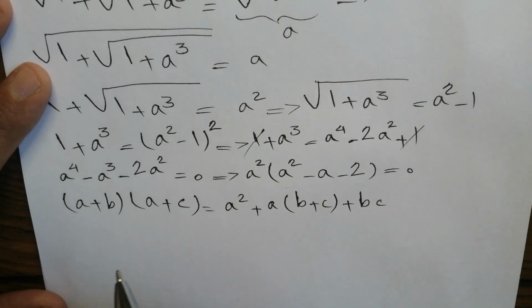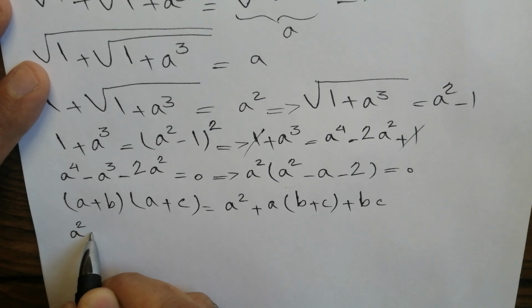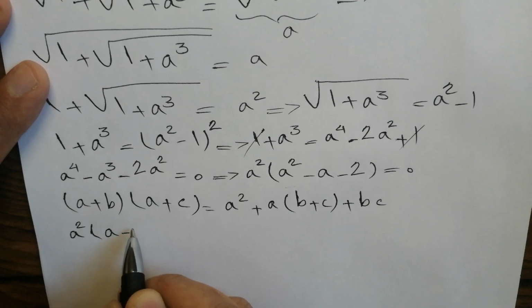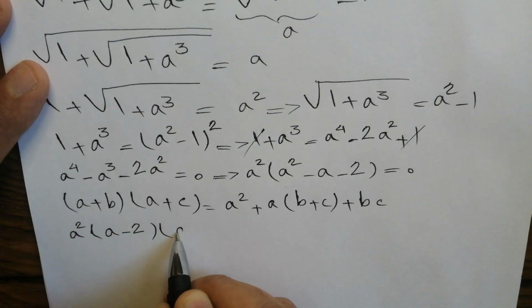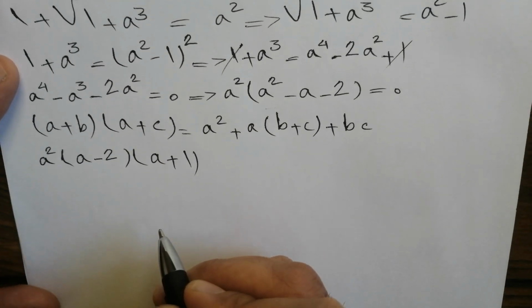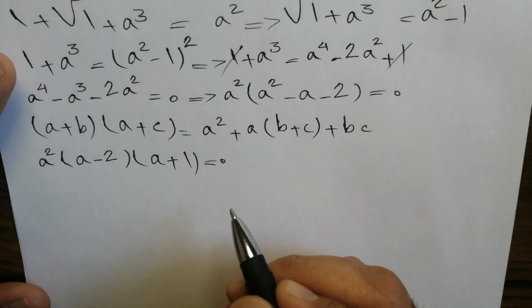So we can simplify the whole thing in the bracket like this: a squared times (a minus 2) times (a plus 1) equals 0. Now it's much easier.